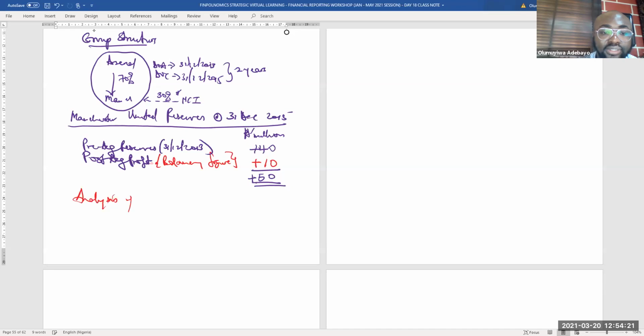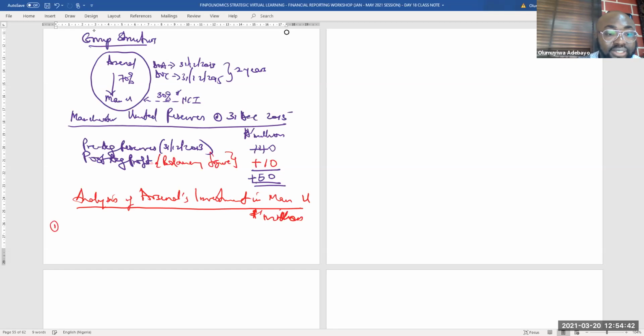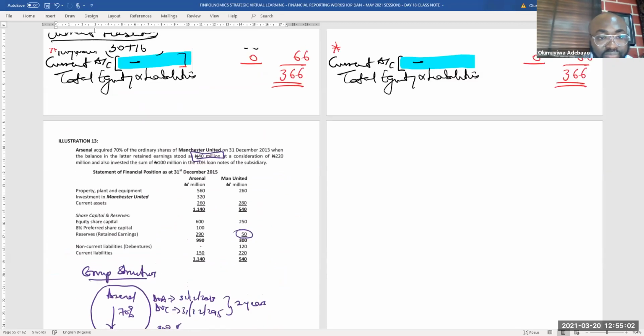Analysis of Arsenal's investments in Man U. It has three investments in Man U, namely ordinary shares investments, preference shares investments, and what is the third one?